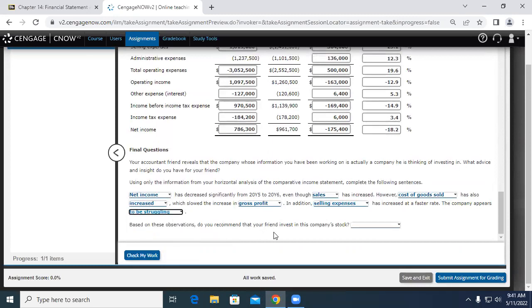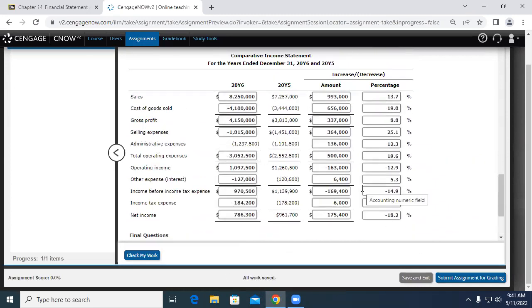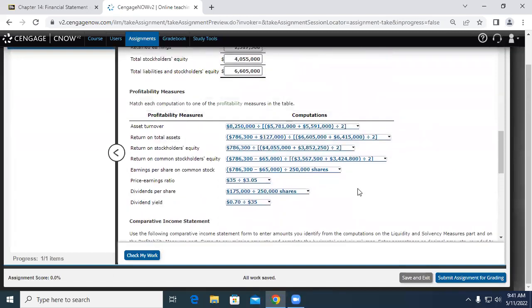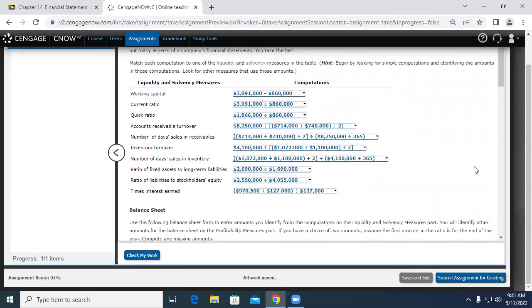Based on these observations, do you recommend that your friend invest in this stock? My answer based on this is going to be no. But one final comment, as we said in class, you don't want to just rely on one piece of the puzzle. We'd also want to be looking at a comparison for these profitability measures, for these liquidity and solvency measures, comparing those results from last year to this year to make sure we're getting the full picture.